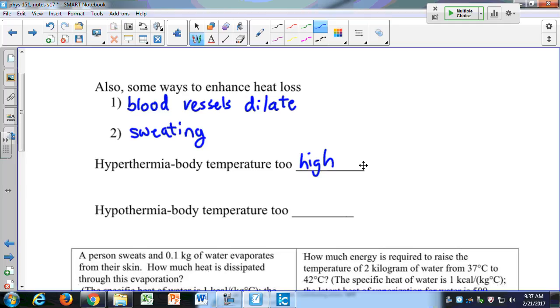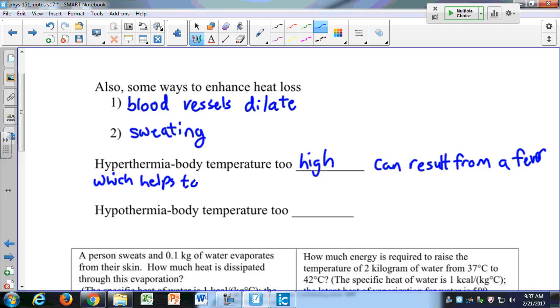This can result from a fever, which helps to produce white blood cells to fight infection.